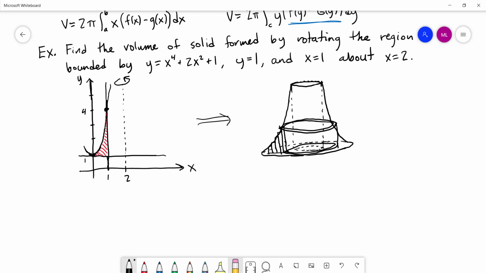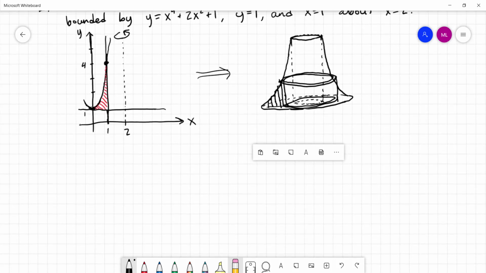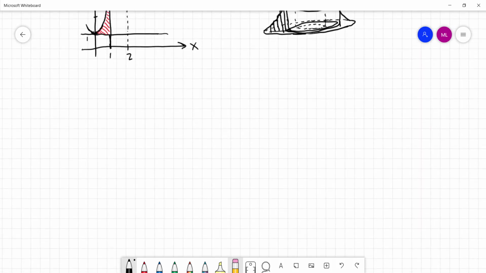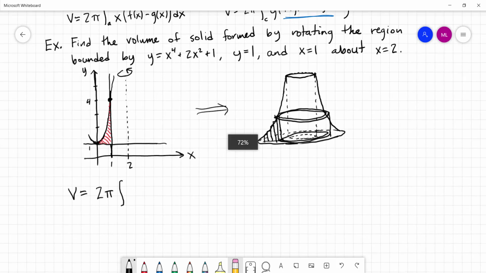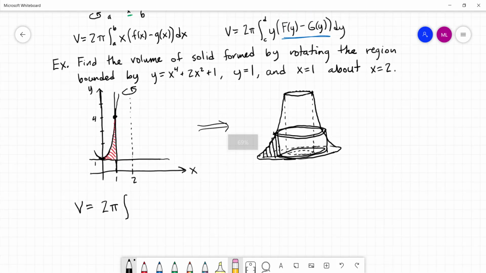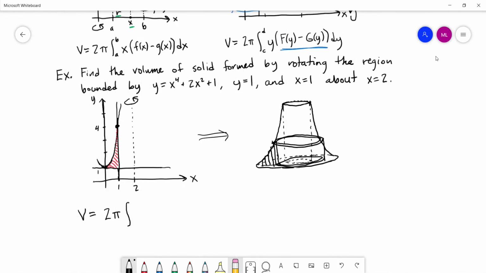Okay, so our volume is going to be 2 pi times the integral. Let's take a look at this and see if we can figure out which of these two forms up here is going to be relevant without having to go back and reference the pictures up there.